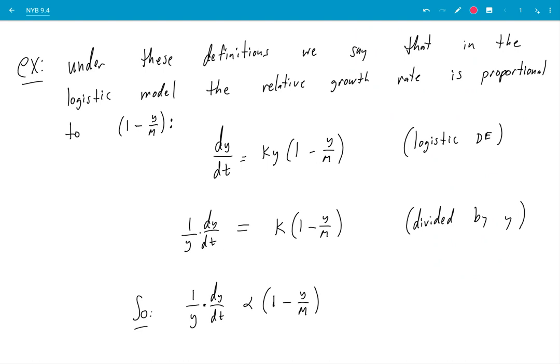So I'll pause and copy all this. So in the logistic model, the relative growth rate is proportional to this shrinking factor here.